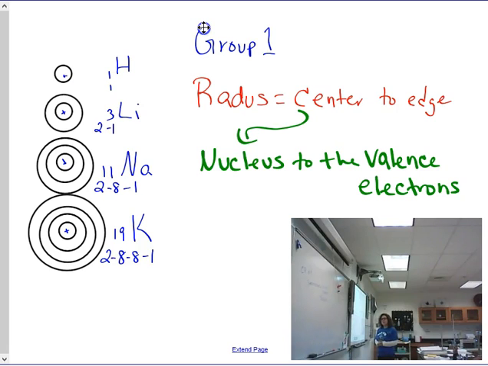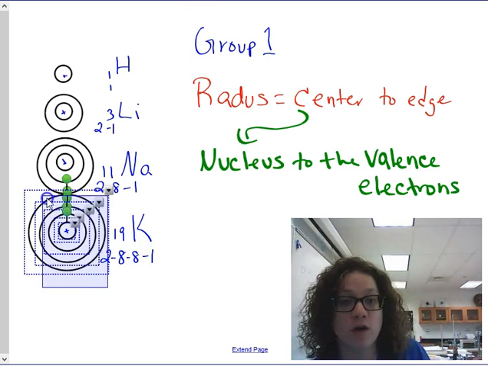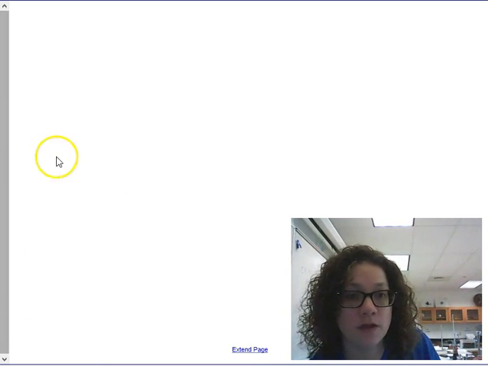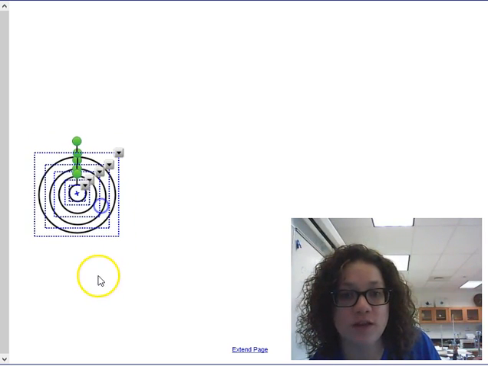Now, what happens as you go left to right across a period? Elements in the same group, we learned, have the same number of valence electrons. Elements in the same period, we learned, have the same number of orbitals. So let's examine all of the elements in period 4 as we go left to right. I'm going to go ahead and copy, and paste my orbitals right there.